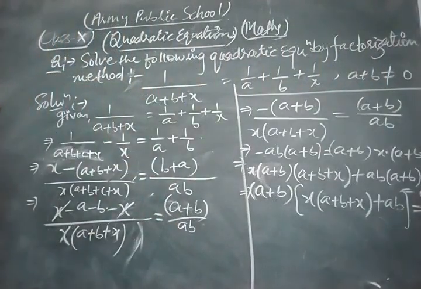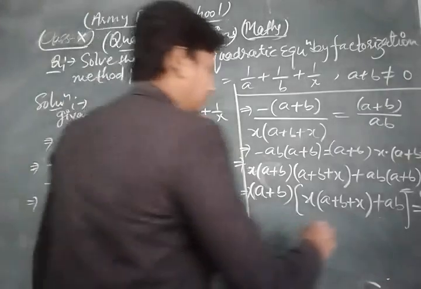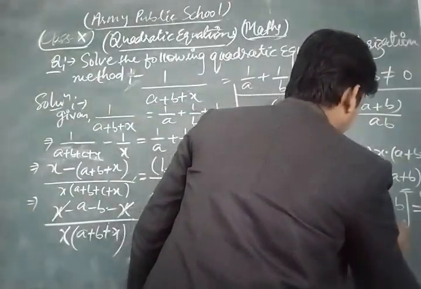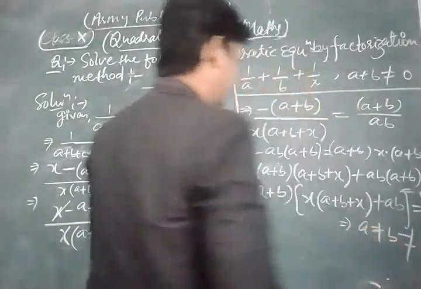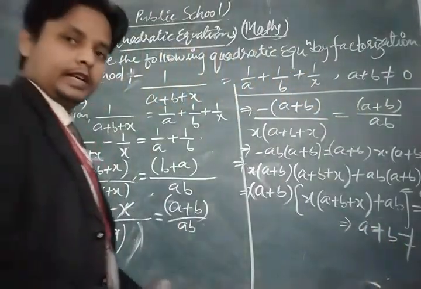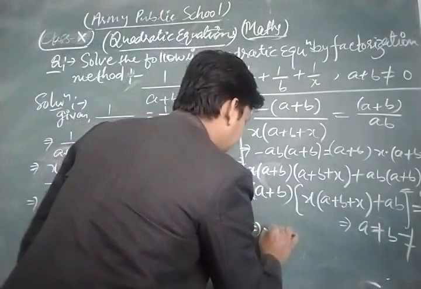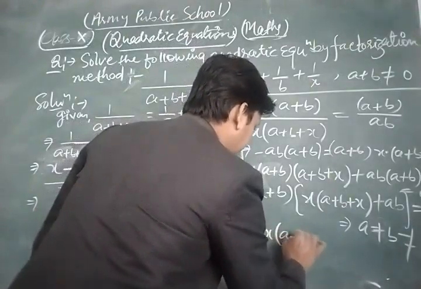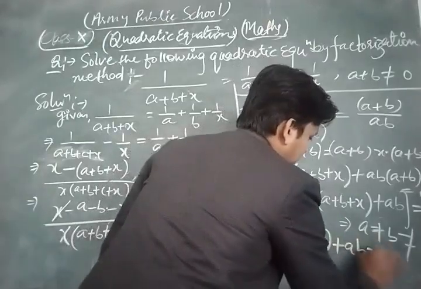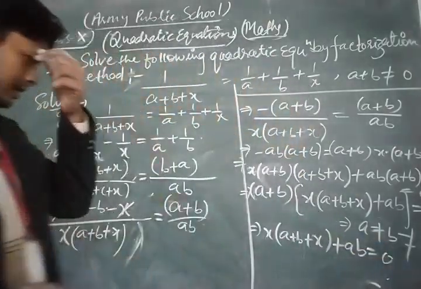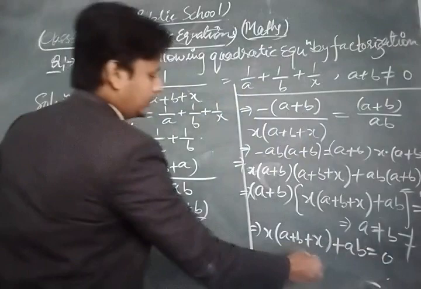But we know that a plus b is not equal to 0. Okay, now we take x in bracket a plus b plus x plus ab is equal to 0. Okay, now look at that side.